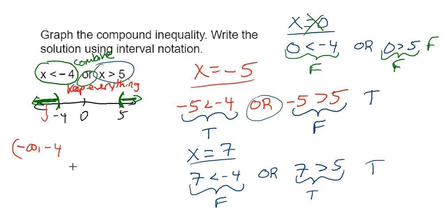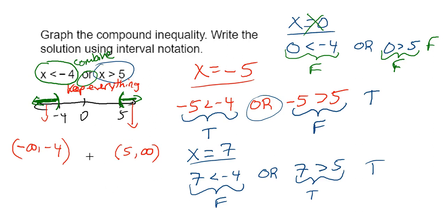Always put parentheses on infinity, and this -4 has a parentheses, as we see here in the graph. This graph translates to the interval from the very left, which is 5, to the very right, which is +infinity. Parentheses on the infinity, and then as we see in the graph here, we also have parentheses on the 5.